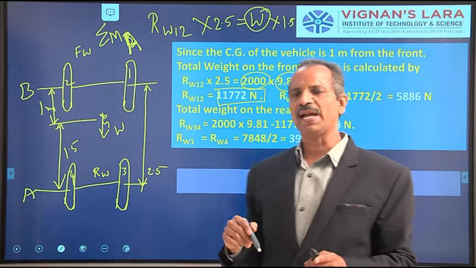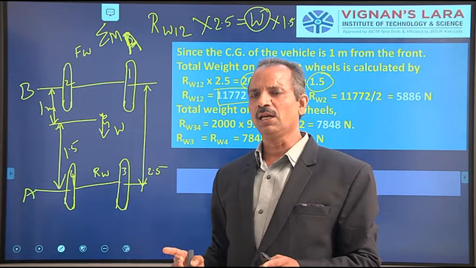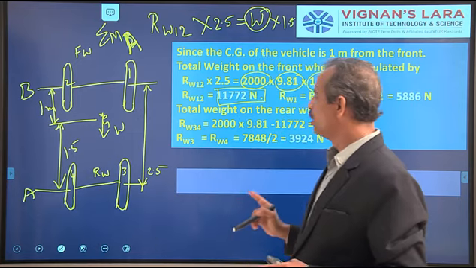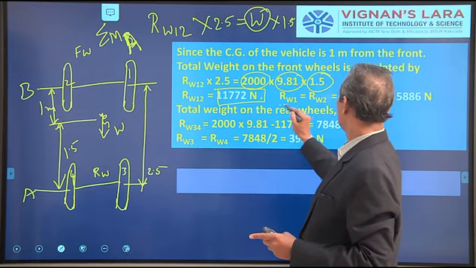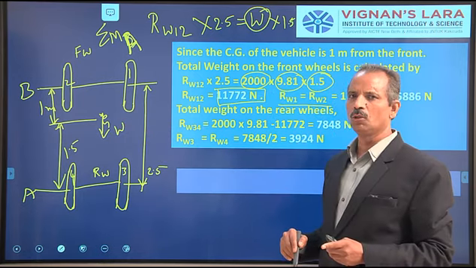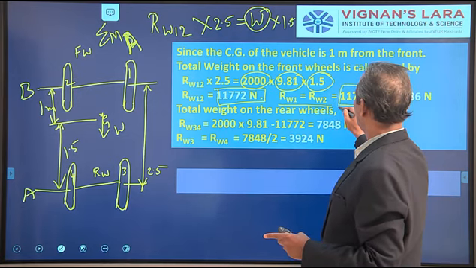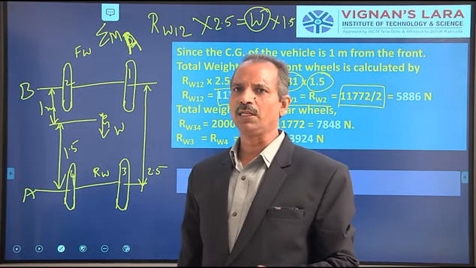RW12 means the reaction due to weight on both front wheels 1 and 2 as a single set. They are equally shared, so RW1 is equal to RW2. Then the obtained value of 11,772 is divided by 2.